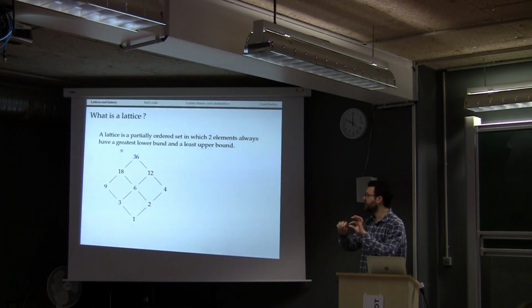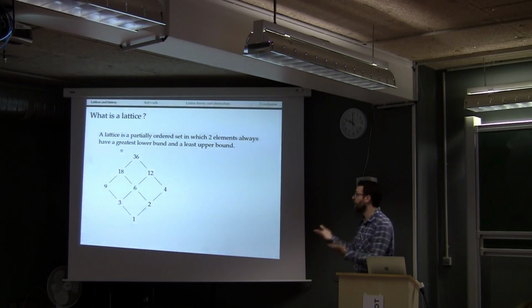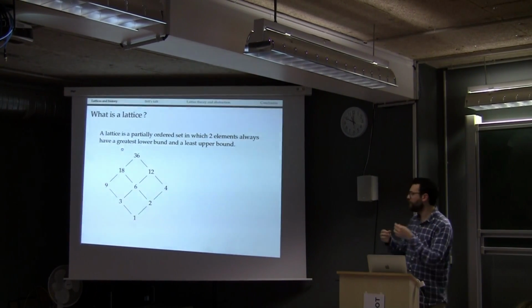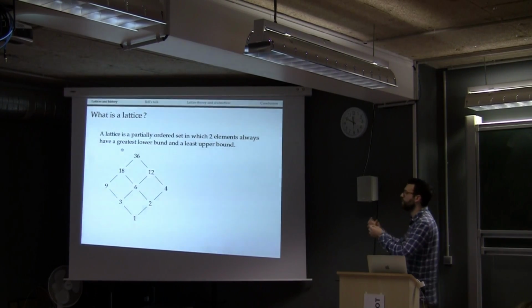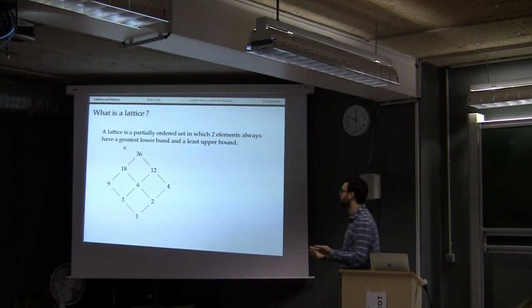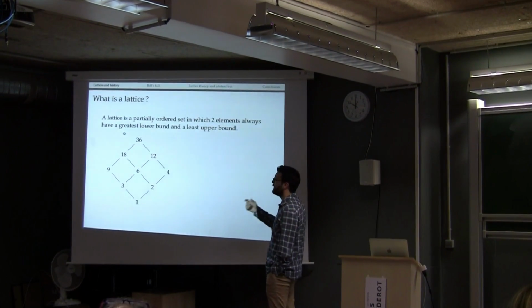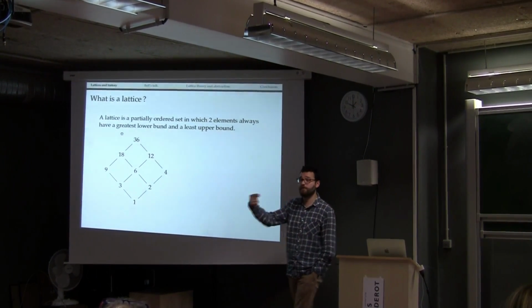The set can be ordered by a relation, like if you take the natural numbers and you order them with one being greater than another, like 2 is greater than 1, you have an ordered set. And a partially ordered set means that not all the elements can be compared.